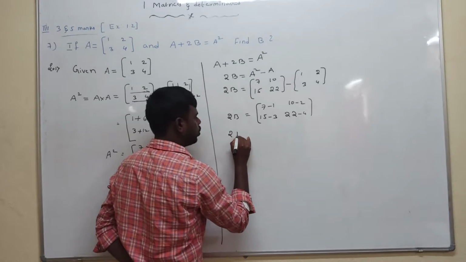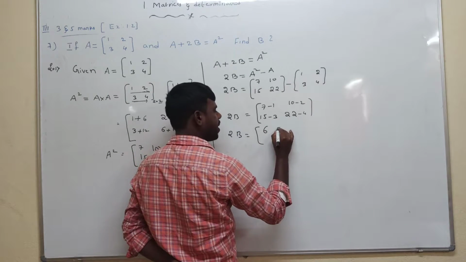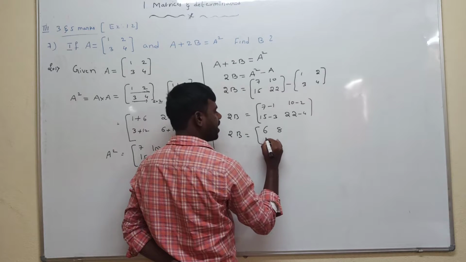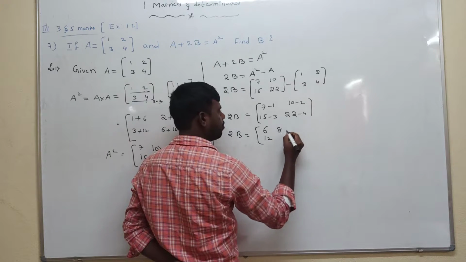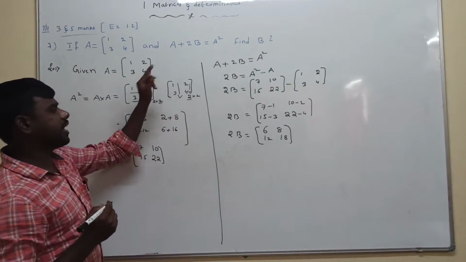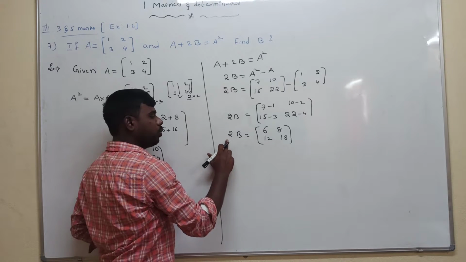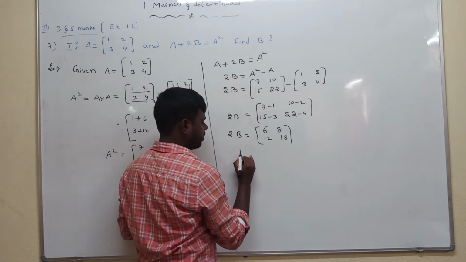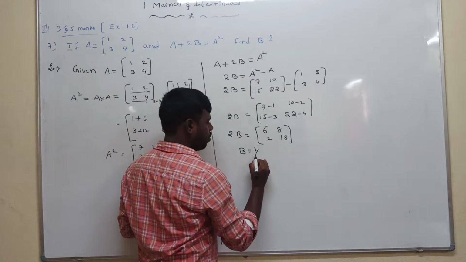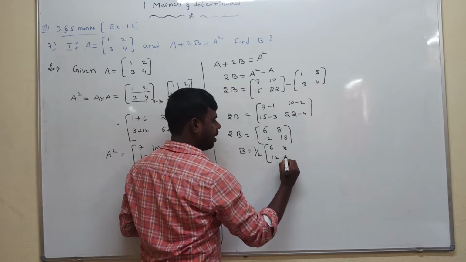So 2B is equal to 6, 8, 12, 18. But in this question they ask only for the B matrix, so the 2 goes to the denominator on the right-hand side. B is equal to 1 by 2 into 6, 8, 12, 18.